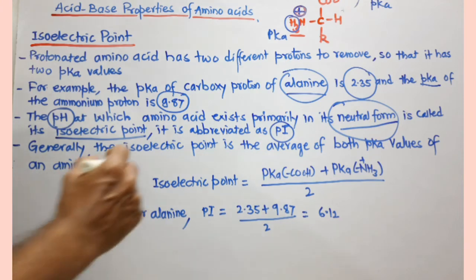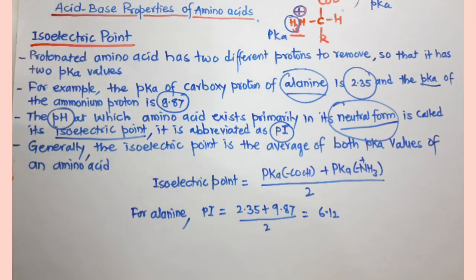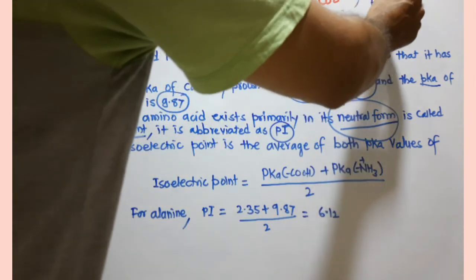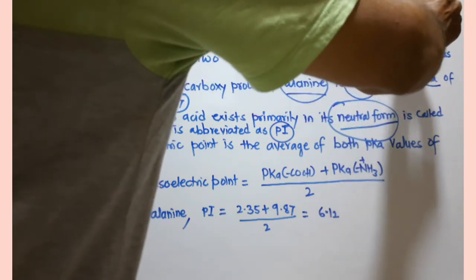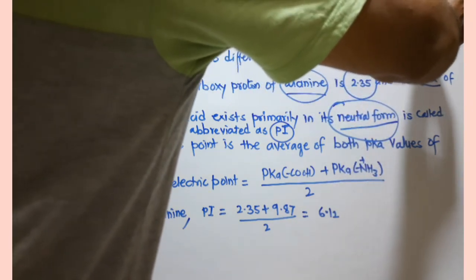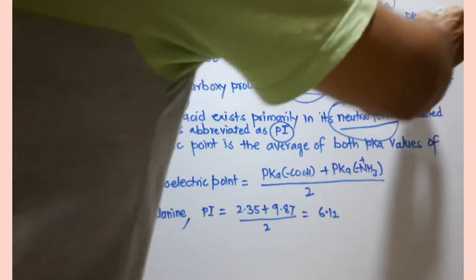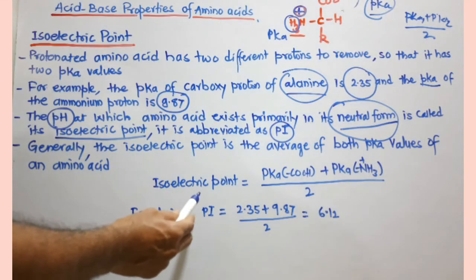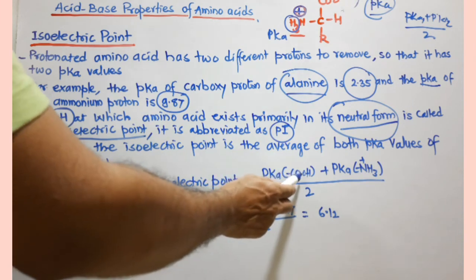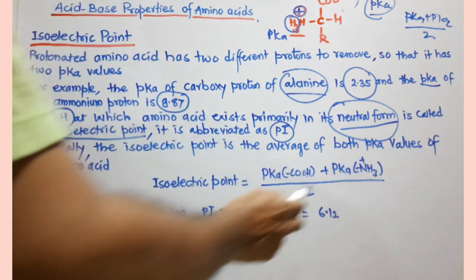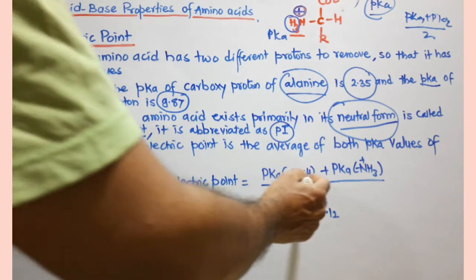Generally, the isoelectric point is nothing but the average of both pKa values: pKa1 plus pKa2, divided by 2. So the isoelectric point is equal to the pKa of COOH plus the pKa of NH3+, divided by 2.